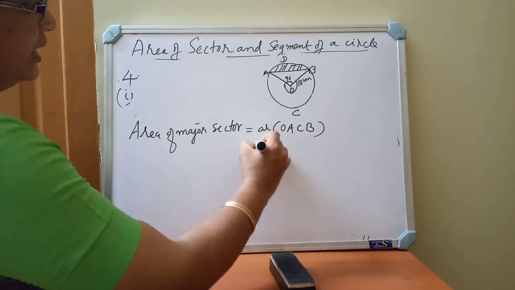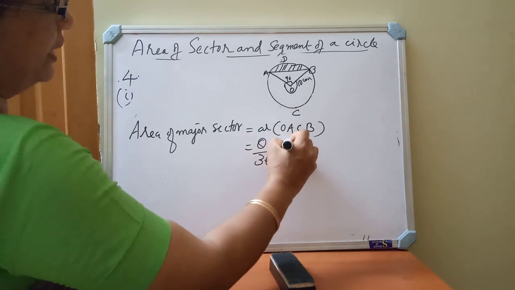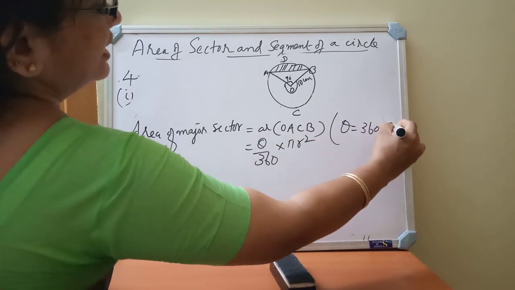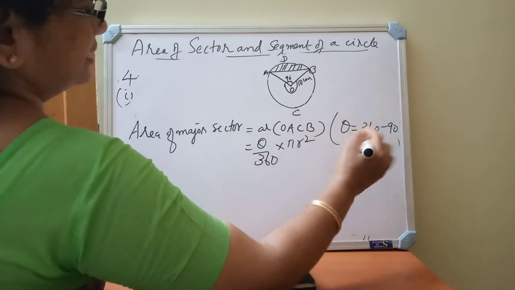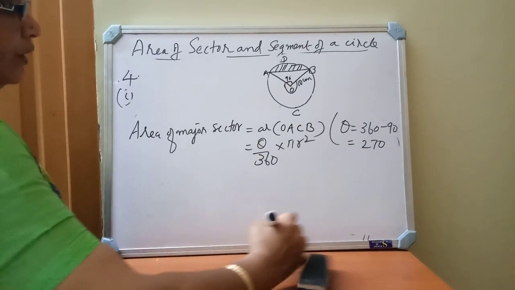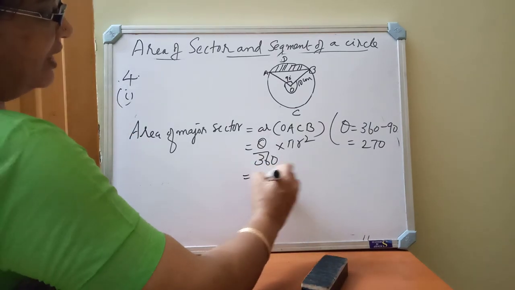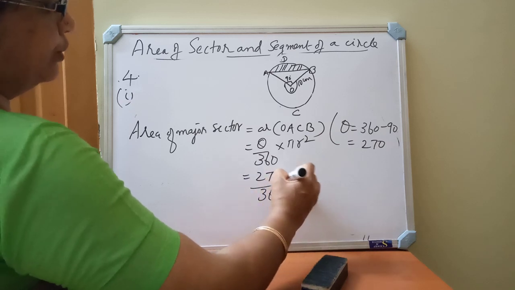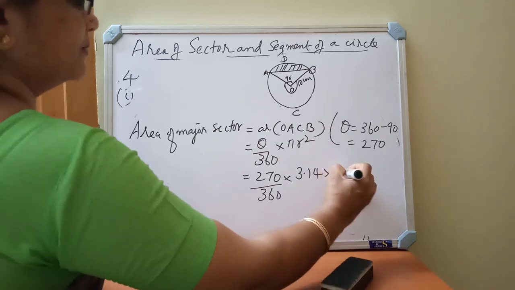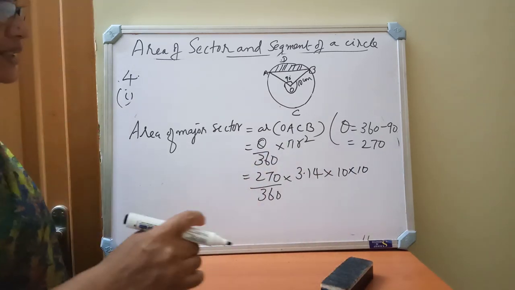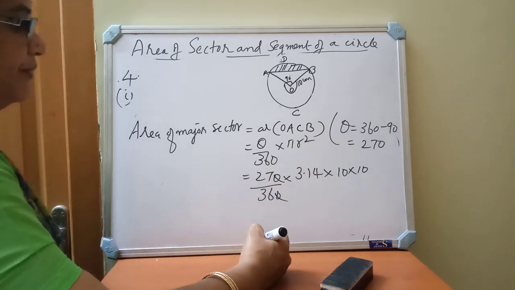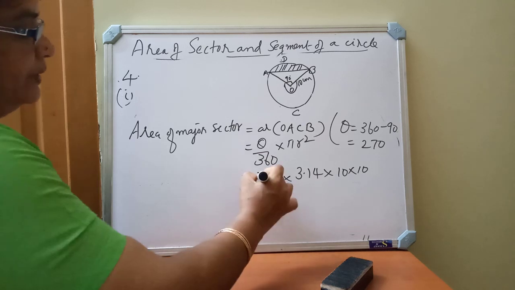So this is equal to theta by 360 into pi r square. Here our theta is 360 minus 90 because it is a major sector. So we will get 270. Okay. So this as 270 divided by 360 into 3.14 into r square, 10 into 10. Because they mentioned 3.14 in bracket. So we can do with that. Then simplify with this one.